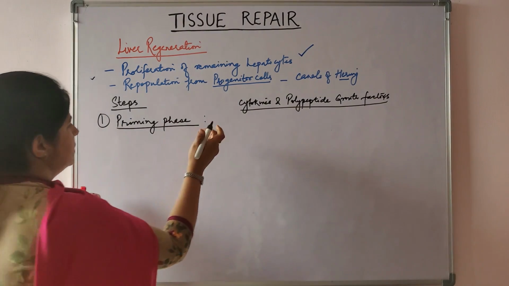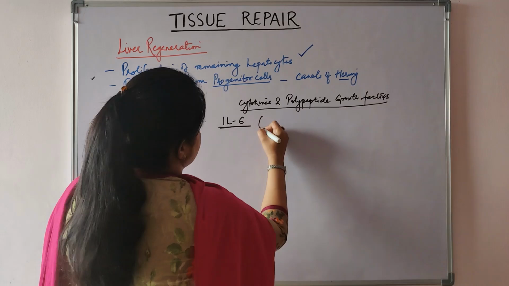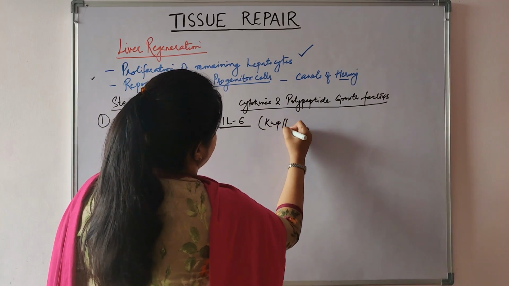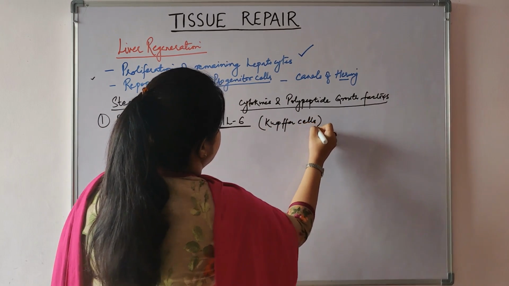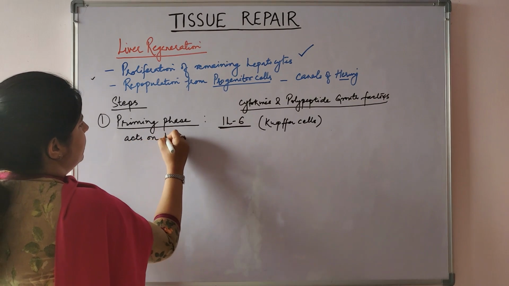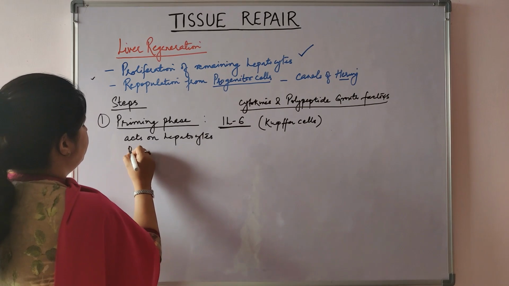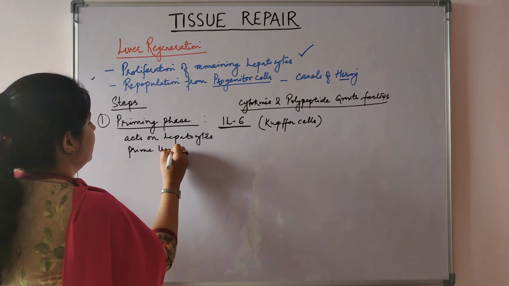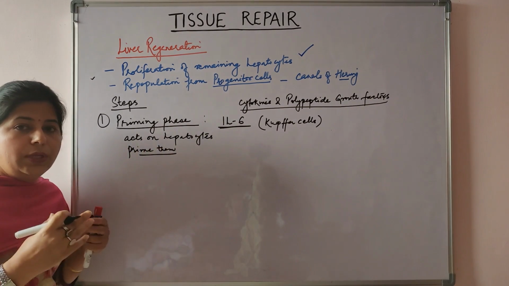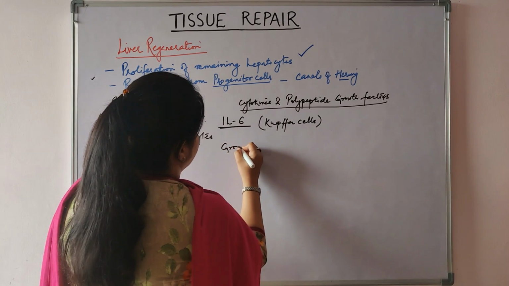In the priming phase, the cytokine interleukin 6, produced by the Kupffer cells, acts on the hepatocytes and primes them in order to receive and respond to the growth signals.